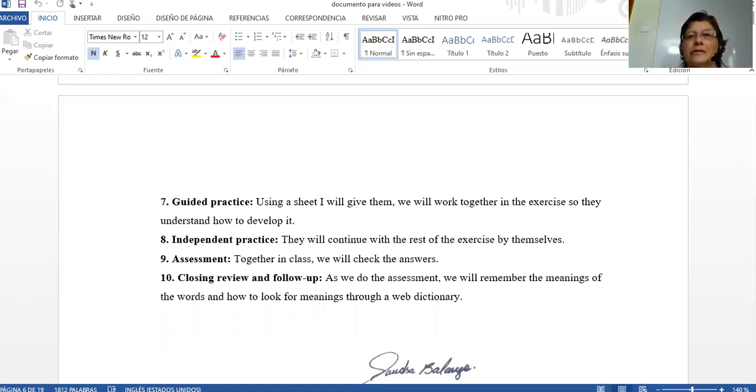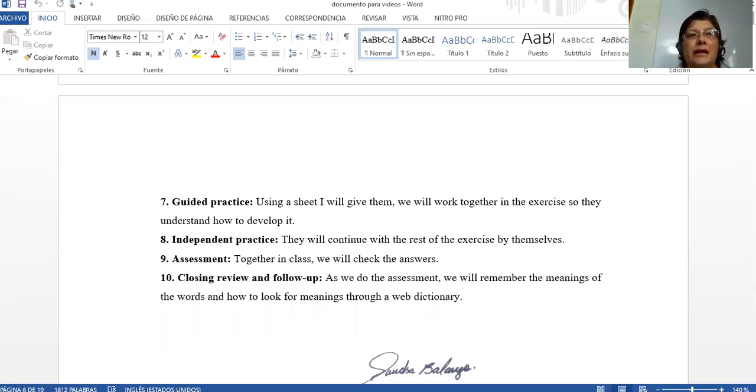Although I always teach them and show them that they should try to read the instructions, and reading means understanding the instructions. And once they understand, the second part is they can do what the exercise says. That is a successful way of developing an exercise.